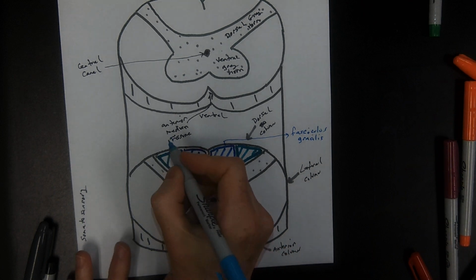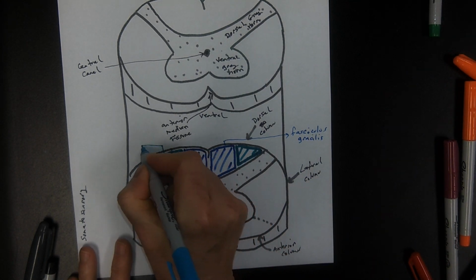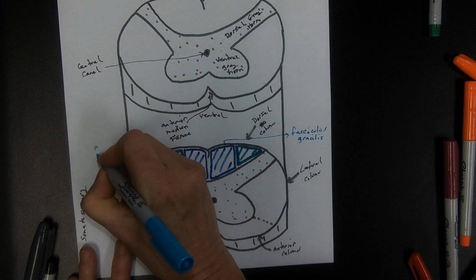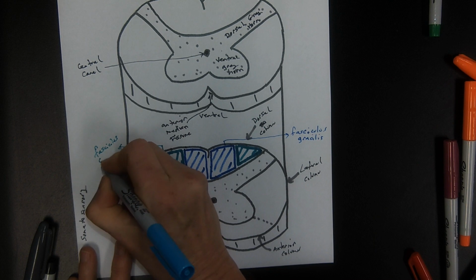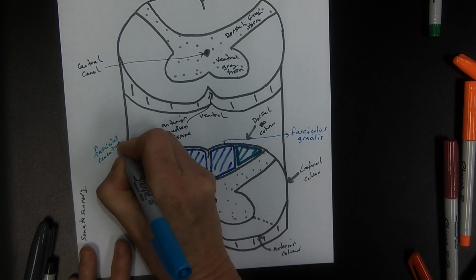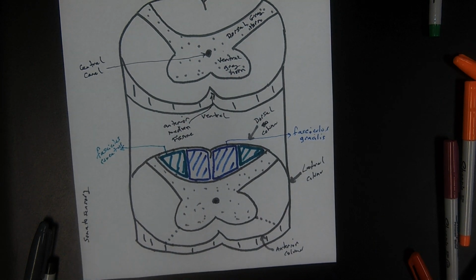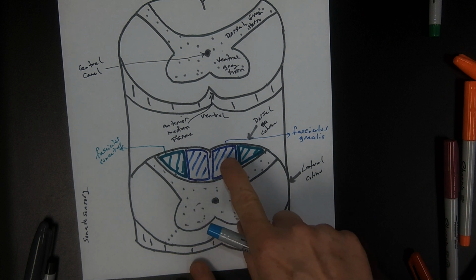This is going to be fasciculus cuneatus. Fasciculus gracilis and fasciculus cuneatus are part of the DCML, dorsal column.